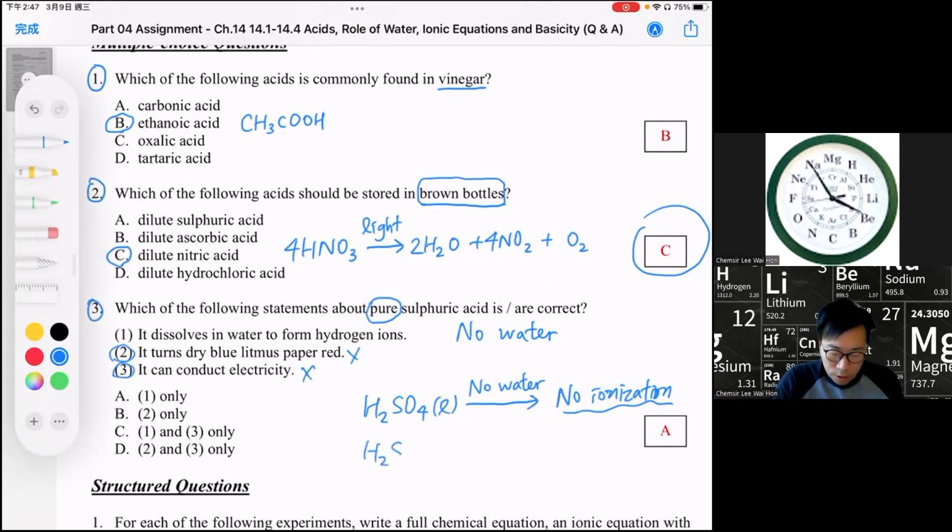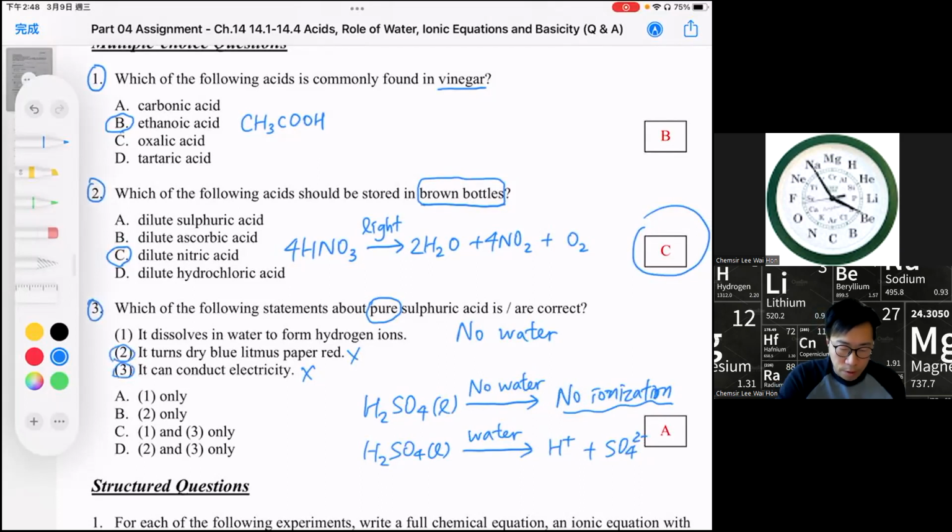But if water is present, of course, in this case, the sulfuric acid will ionize. In short, we can write the equation for ionization like this.